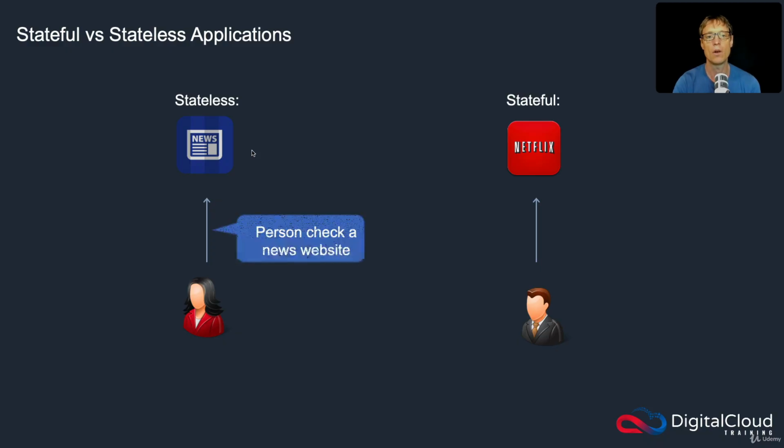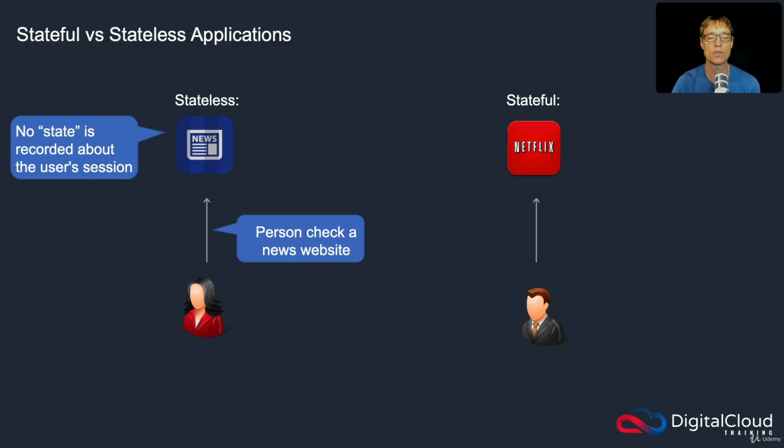An example of a stateless application would be a news website, maybe a news website where you don't log in, you don't record information about yourself. You literally just go to the news website and you read some news articles. In this case, no state is recorded about the user's session.